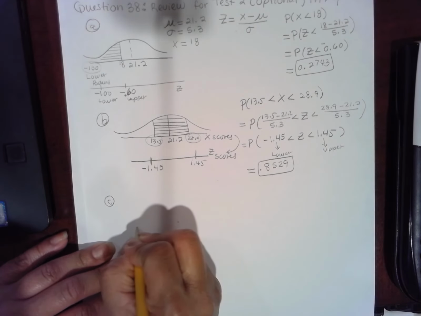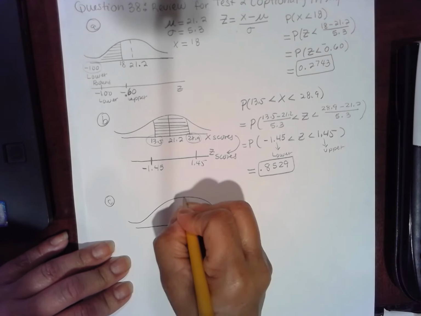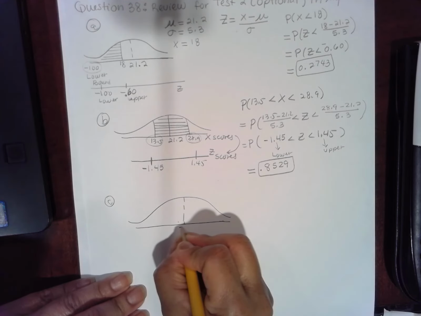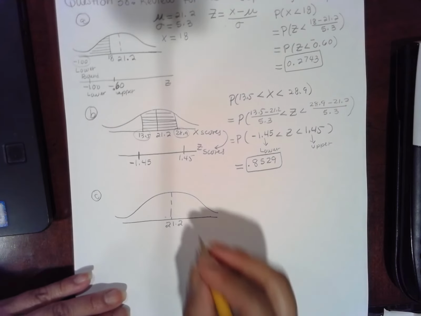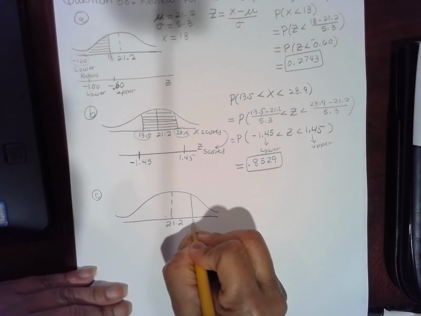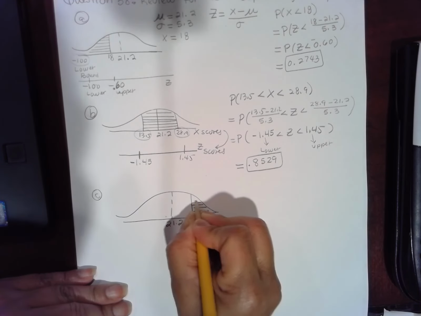So we should draw another picture because this is a different exercise. Again, on the test, they will be there. The sample mean remains the same for all the parts. And again, part C is asking for more than 32.3. More than means that it is to the right.